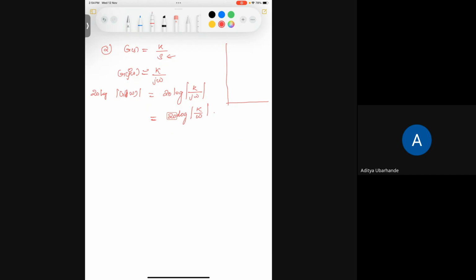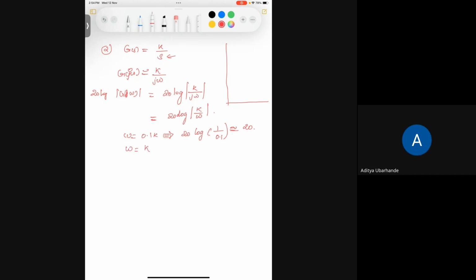When omega is some smaller value, say 0.1k, k gets cancelled and it is 20 log of 10, which is roughly 20, right?